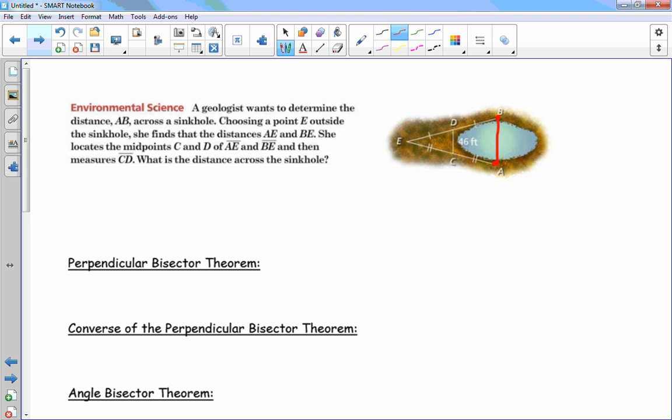Choosing point E, out here, outside the sinkhole, she finds the distances, so she finds AE, so the sides of the triangle. She finds the side of the triangle on both sides. Then she finds the what? Midpoint, B and C.